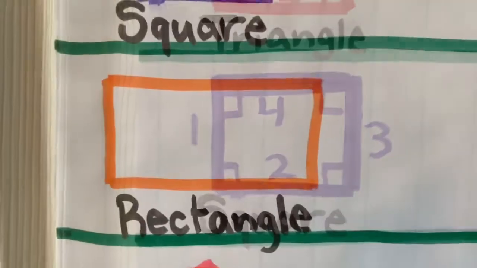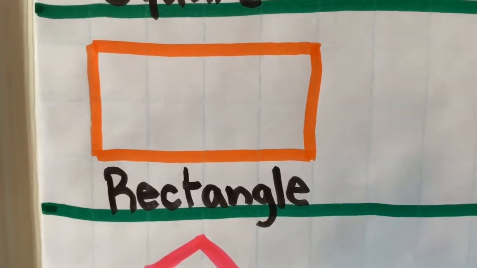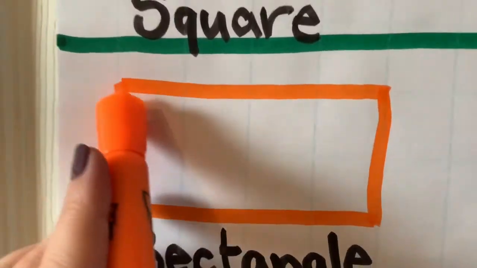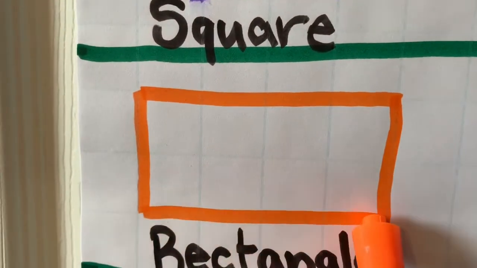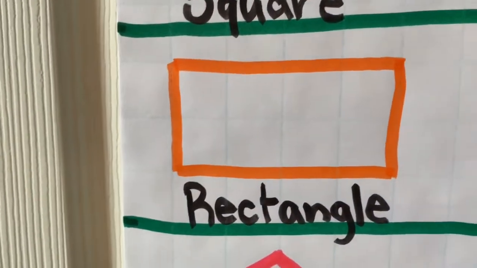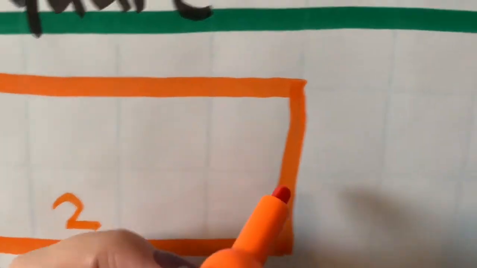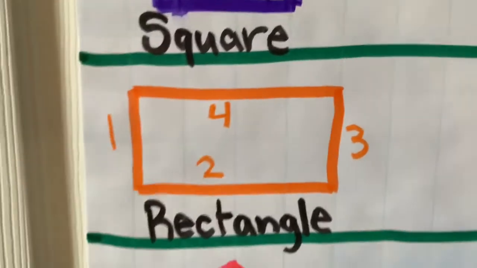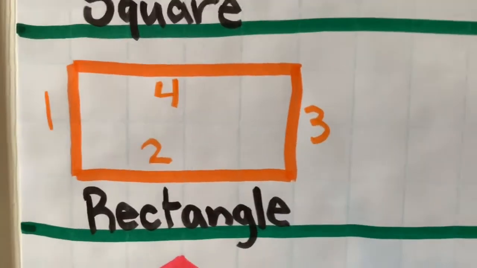Our next is our rectangle. Rectangles are very similar to squares. They have 2 long lines and 2 shorter lines. So if we're looking at our rectangle, let's look how many straight sides it has. 1, 2, 3, and 4. 4 straight sides.